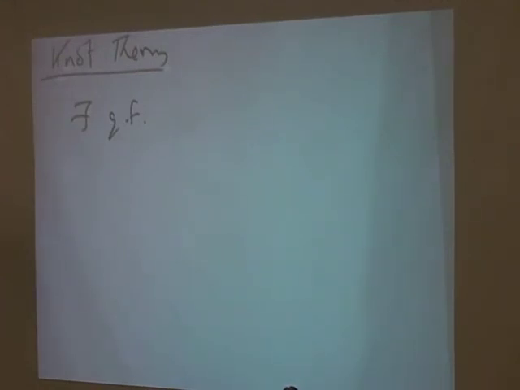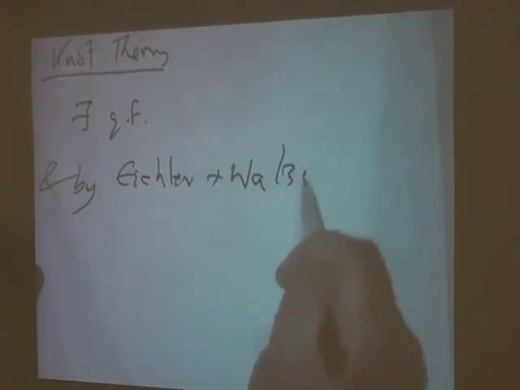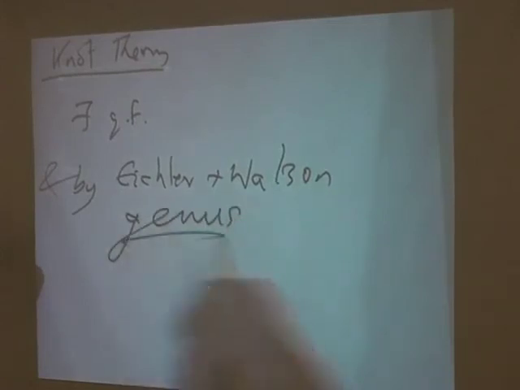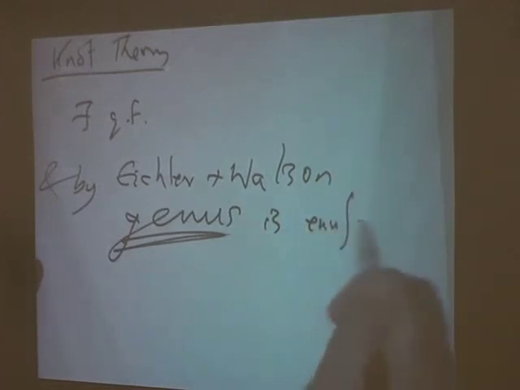And therefore, you can take it up to a form where the spinor genus is equal to the genus. So, by Eichler plus Watson, the genus is enough. You understand me?